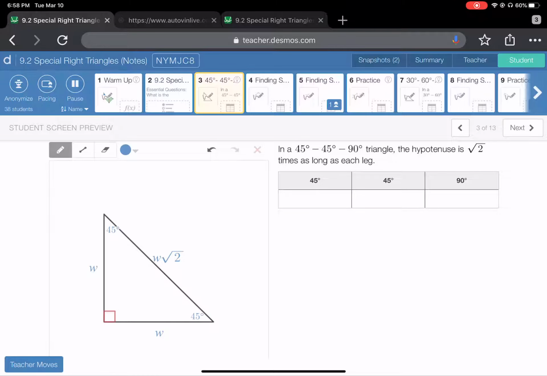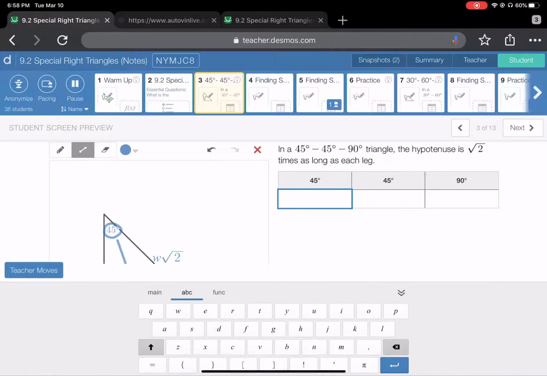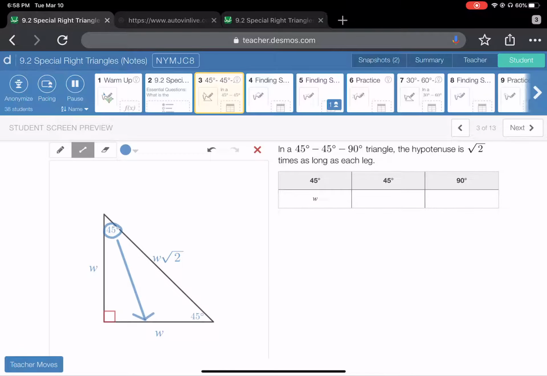How this theorem works is we take the 45 degree angle, and the side that is directly across from that 45-degree angle, we're going to go ahead and call W. So here we have W.